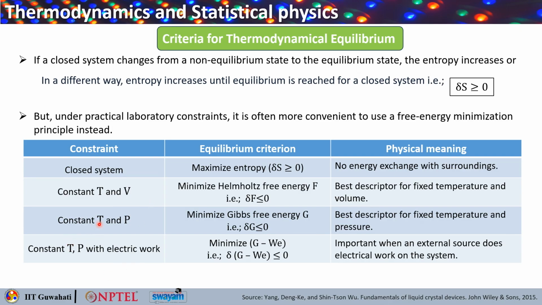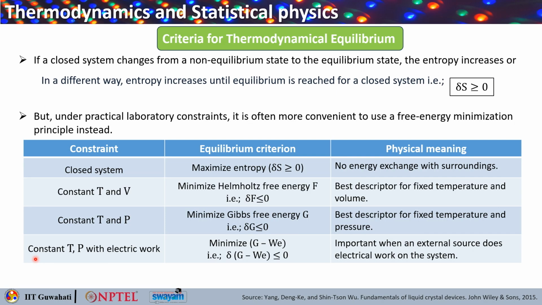If you have constant temperature and pressure, in that case you obtain equilibrium by minimizing the Gibbs free energy G, that means you want dG less than or equal to 0. So, that is the best descriptor for fixed temperature and pressure scenarios.